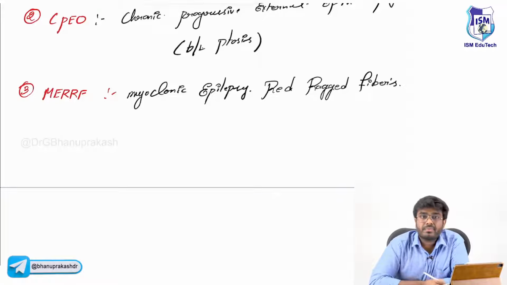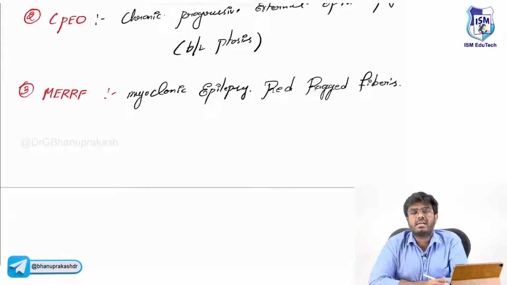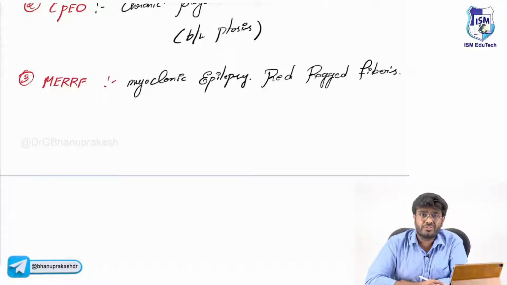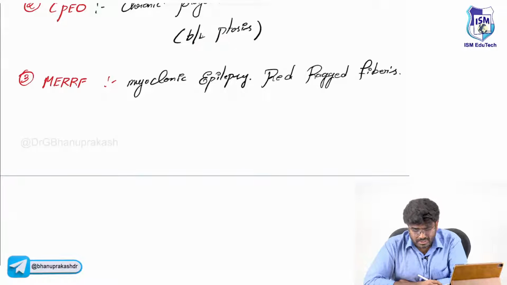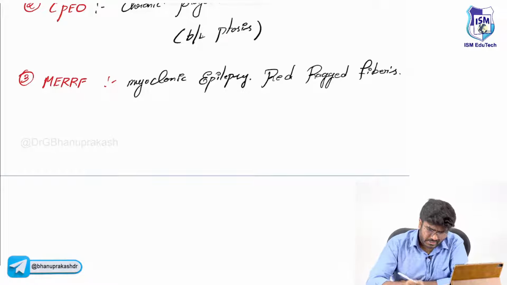Now, this was asked in the Central Institute exam, and it is very important for your board exams. Those students who are preparing for the USMLE exams, this was the question asked.